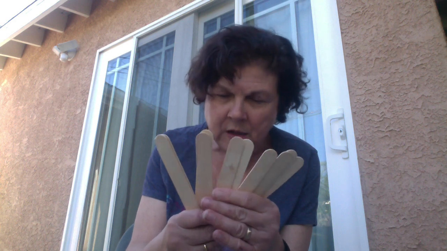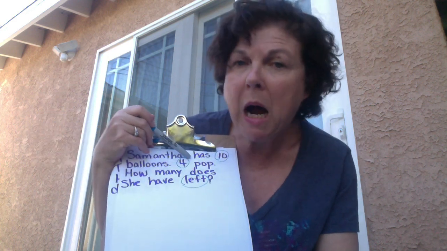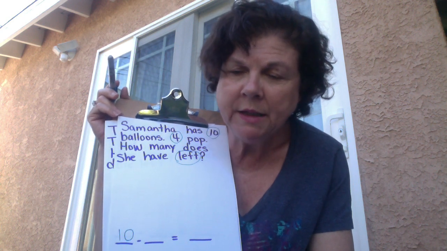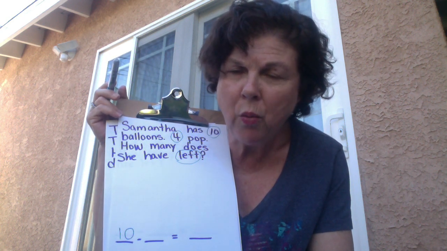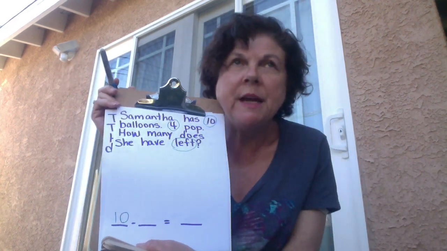Okay. So then, let's look back at the story. It says 4 pop. 4 pop, friends. So what do you think you need to put in the blank? I want you to write it down, and I want you to take away some of your manipulatives. Think about how many you need to take away, and what you need to write there.